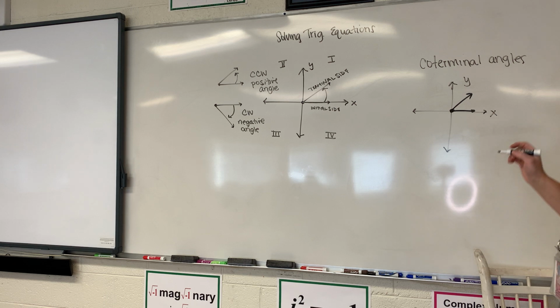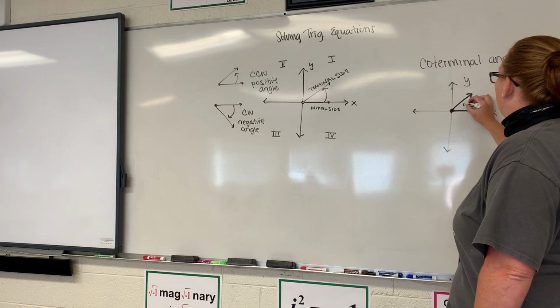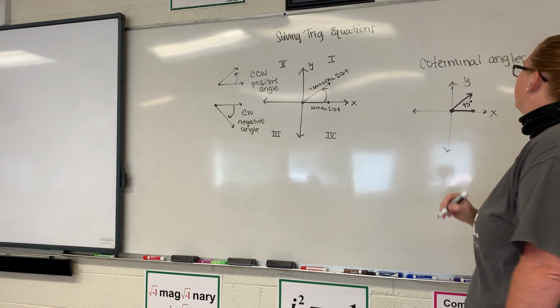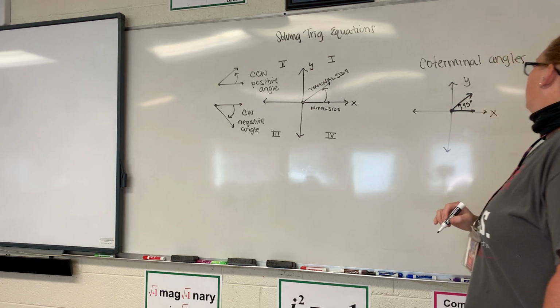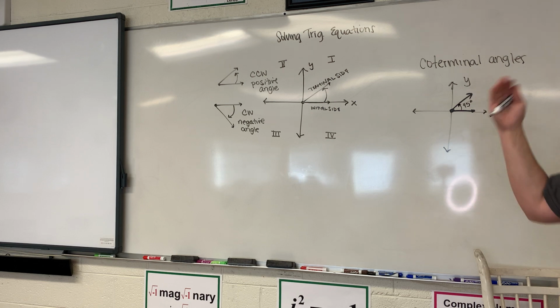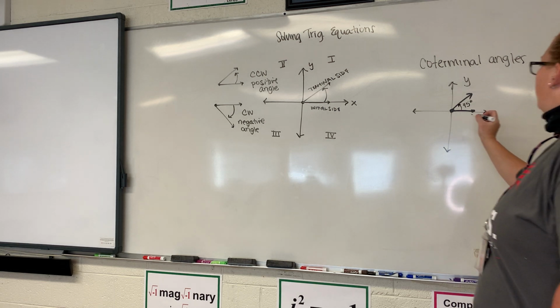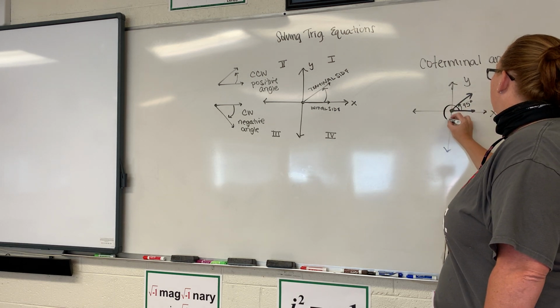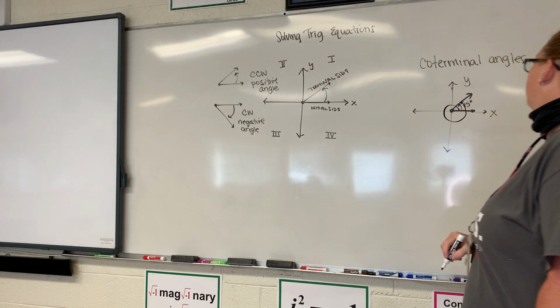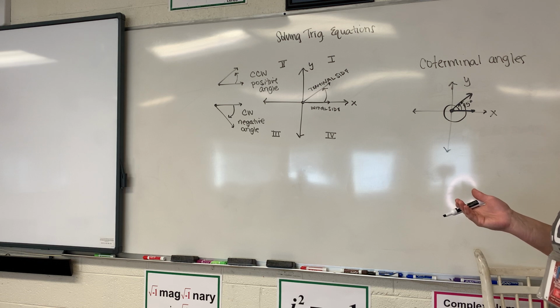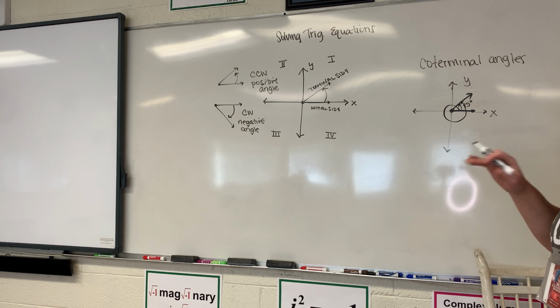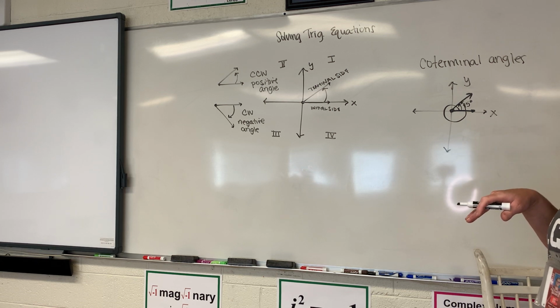You can't really tell me much. So if I say that's 45 degrees, because I'm going there counterclockwise, but what if I go all the way around and back up? It looks exactly the same if I didn't have those arrows there, correct?